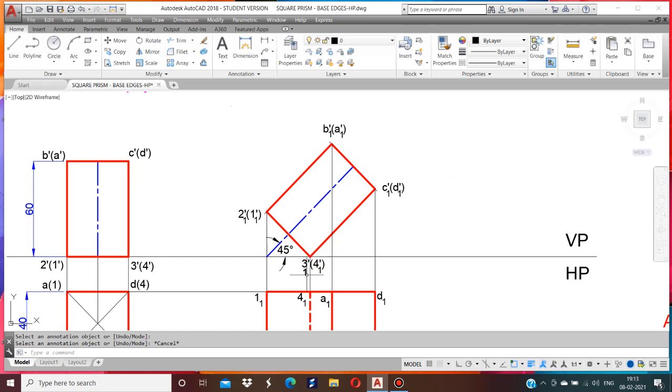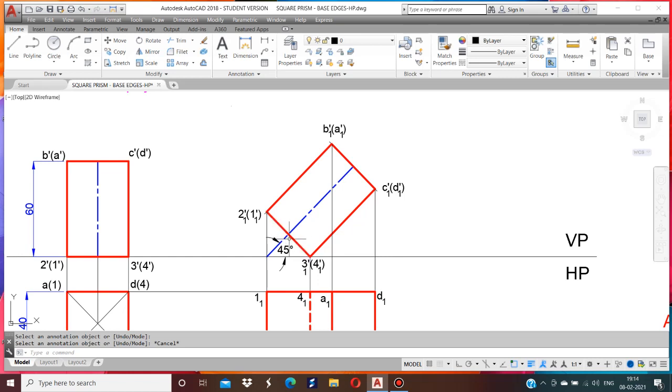So mark 3 1 dash, 4 1 dash, and with reference to the reference line, draw a 45 degree inclined line in an anti-clockwise direction using the protractor. So mark as 2 1 dash and 1 1 dash. Now this line, the axis, is perpendicular to the base.